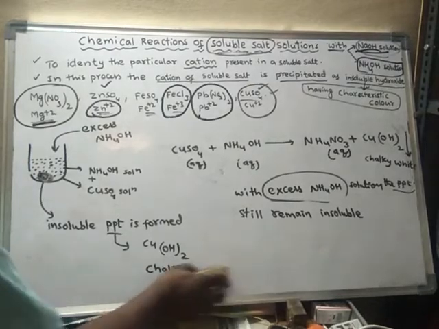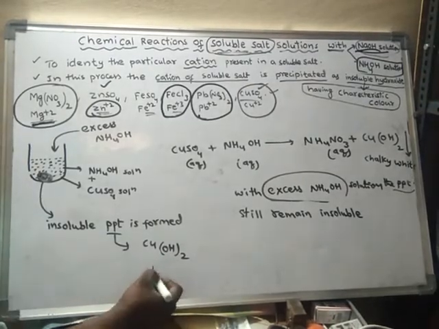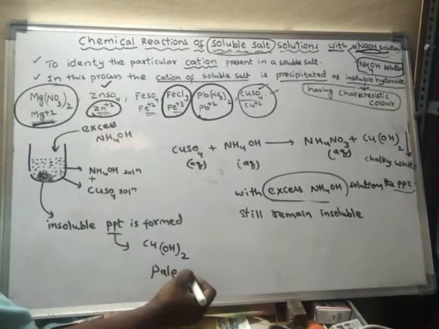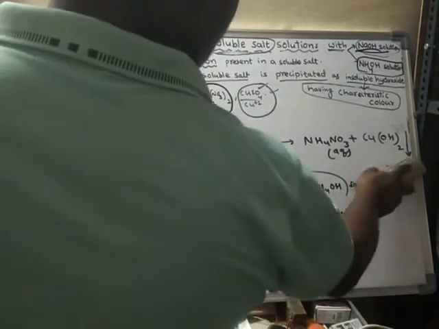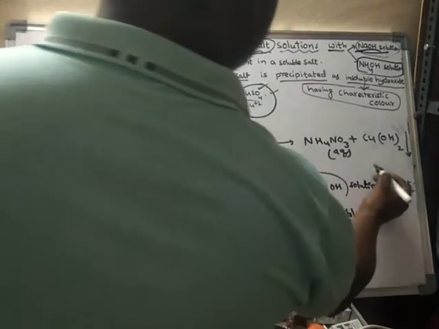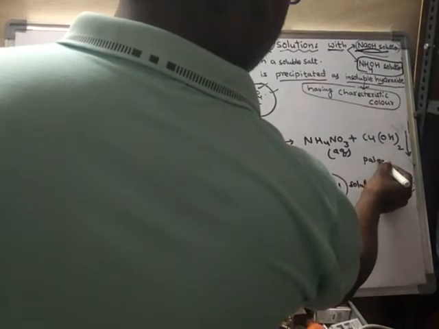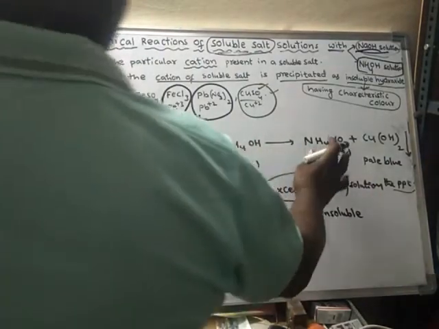The color of the copper hydroxide precipitate is pale blue. We have already seen that. So what is formed along with this?